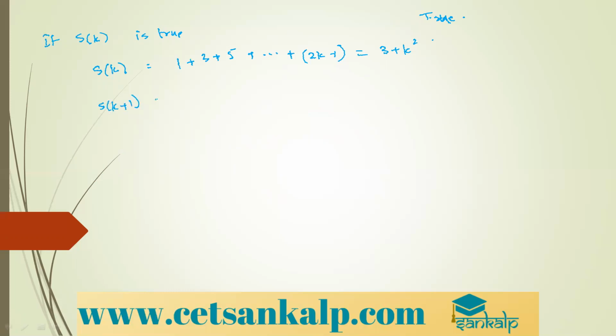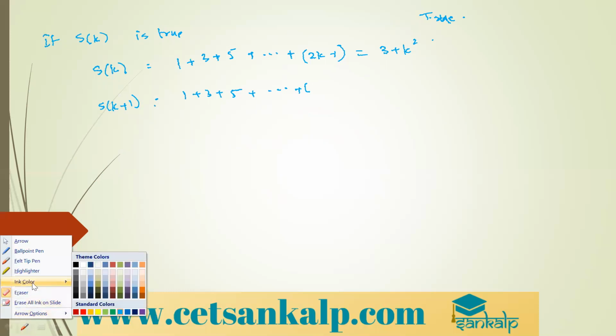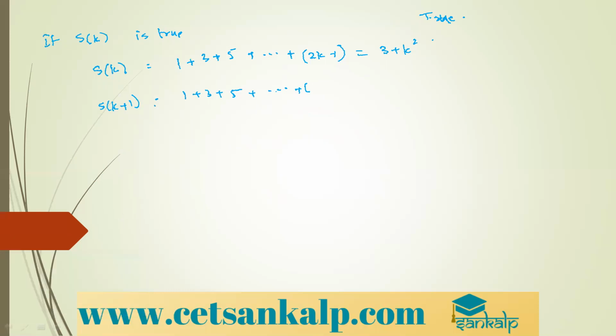S of K plus 1 means what? 1 plus 3 plus 5 up to 2K minus 1 is there. So before writing K plus 1, I will write 2K minus 1. Then I will write 2 into K plus 1 minus 1.